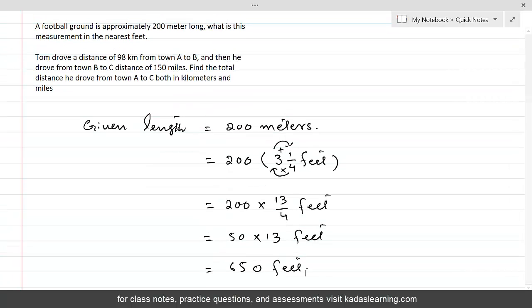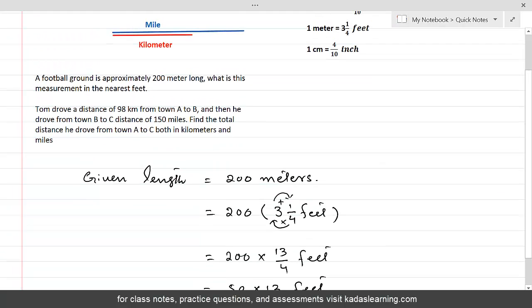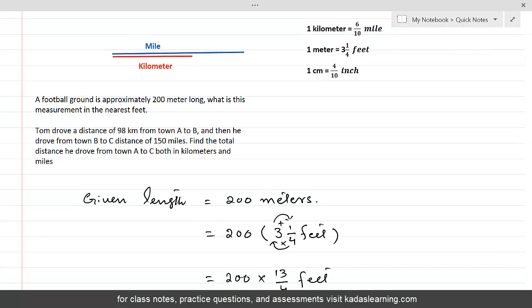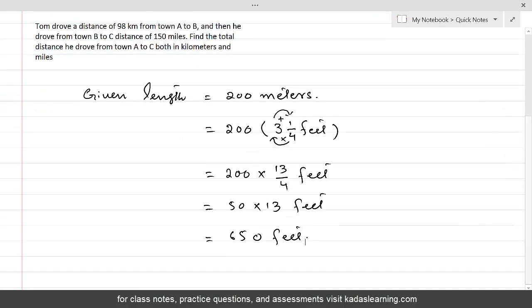The next question that we have is: Tom drove a distance of 98 kilometers from town A to B, and then he drove from town B to C, a distance of 150 miles. Find the total distance he drove from town A to C, both in kilometers and in miles.